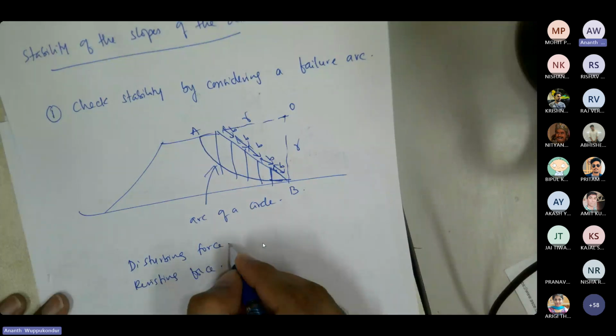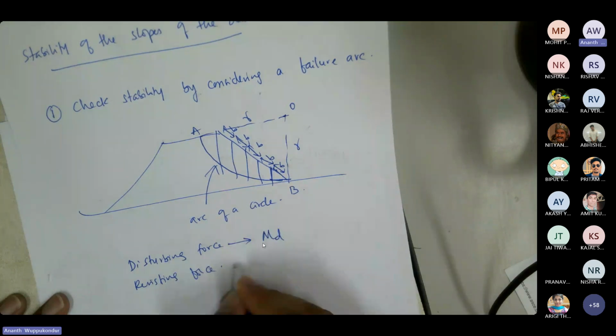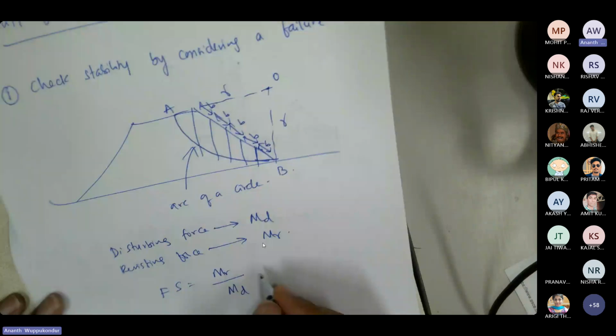And corresponding to the disturbing force, we calculated what is the disturbing moment and what is the resisting moment. So the factor of safety would be resisting moment by MD, and this should be more than or equal to 1.5.